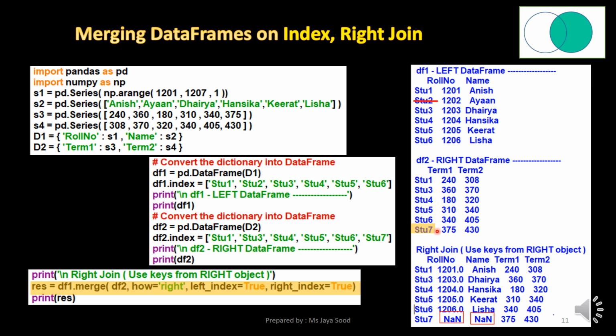The index 7, which is not present in the other data frame, will have the value NaN for roll number and name columns. Also, the index 2 from the other data frame, which is not present in the right data frame, will not be included in the result.